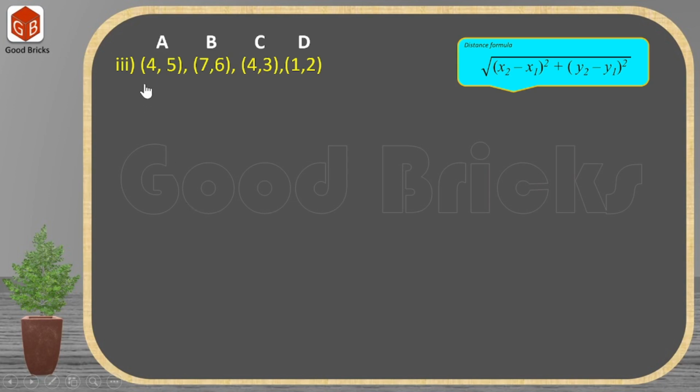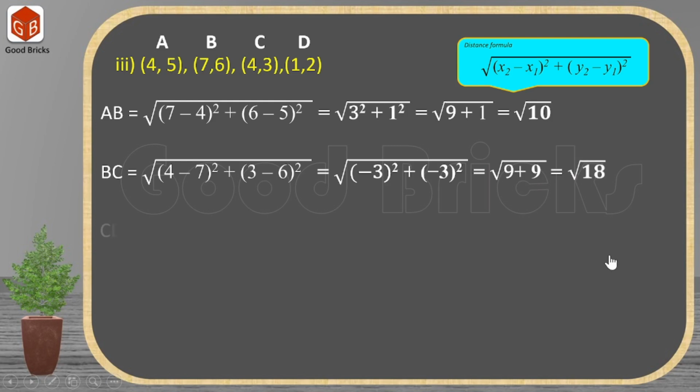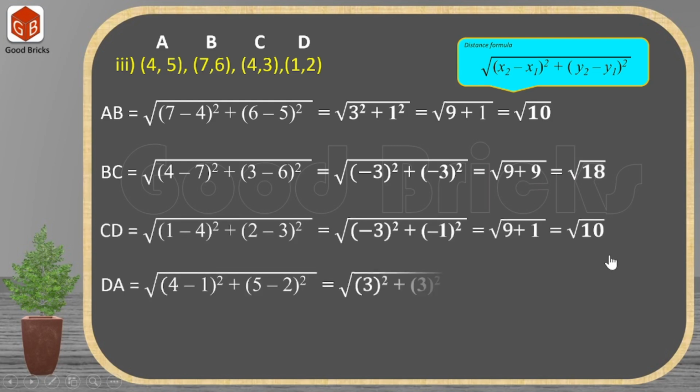Let us now solve the third bit. As usual, using this distance formula, we are going to find the AB length, BC length, CD length, DA length. When you look at root 10 and root 10, you can say that AB is equal to CD. Similarly, root 18 is nothing but BC equal to DA.